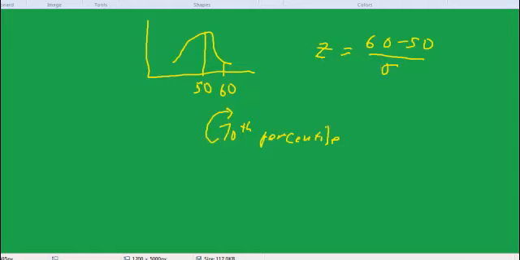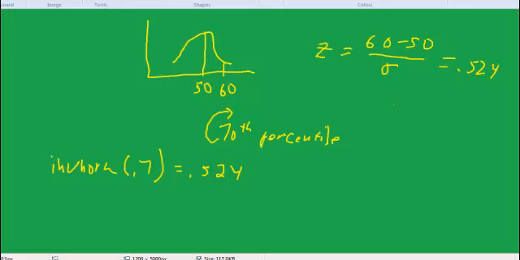So that's our strategy. The first thing we need to do is take the inv norm of 0.7 to get us to where the 70th percentile will be. And that's 0.524. Okay, now we can put 0.524 into that equation.